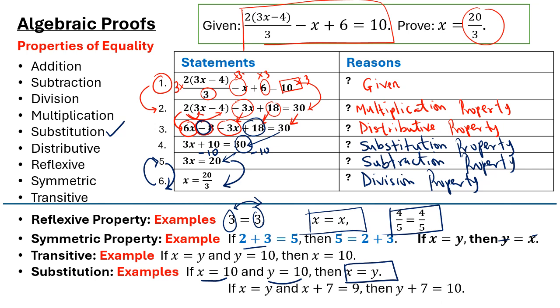Another way that you can see substitution is, for example, if x is equal to y, and then you add 7 to x. So you have x is equal to y, and x plus 7 is 9. You add 7 to x, and it gives 9. What do you think you would get when you add 7 to y? Would you get 10?